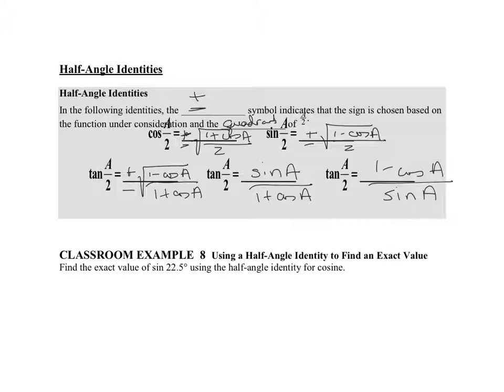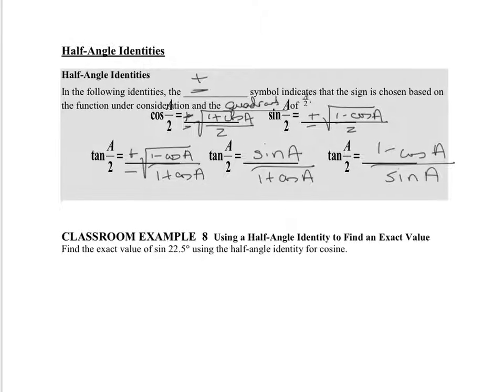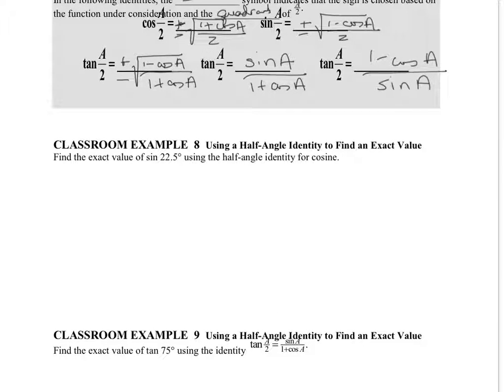All right, so let's see if we can use these half angle identities to find the exact value of the sine of 22.5 degrees. Now, if I want the exact value of the sine of 22.5 degrees, and I go to my calculator, I can't get the exact value, I'm going to get a decimal approximation.